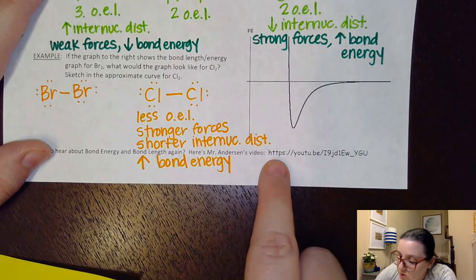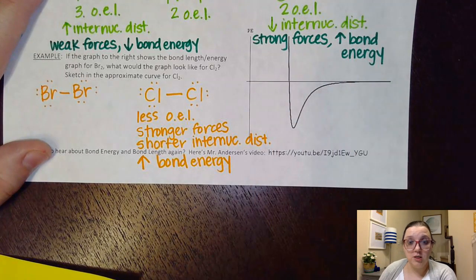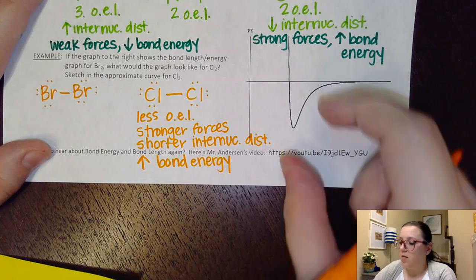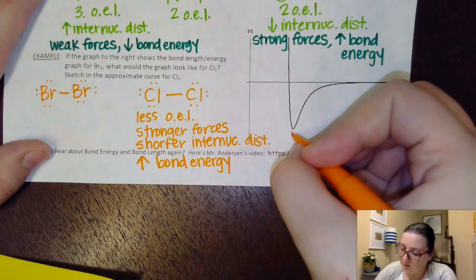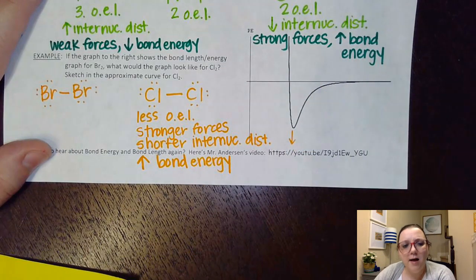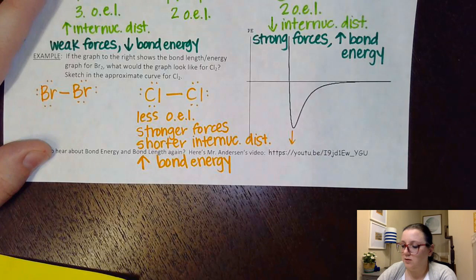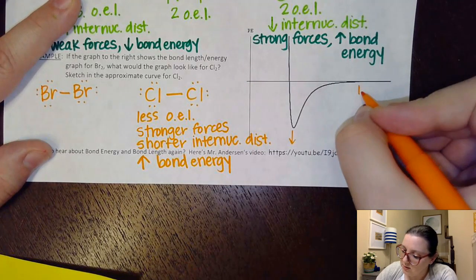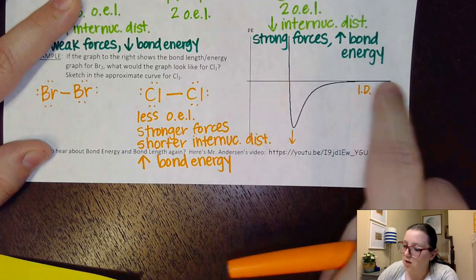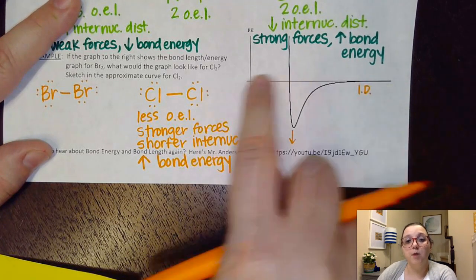Remember, that dip shows as I go up how much energy I would need to gain to break it. So the bigger the dip, the bigger the bond energy. So I need a dip that is lower than this one. But I also need to address the bond length. Now, I know they didn't label this axis on here, but the internuclear distance is along this axis right here. That is our bond length.